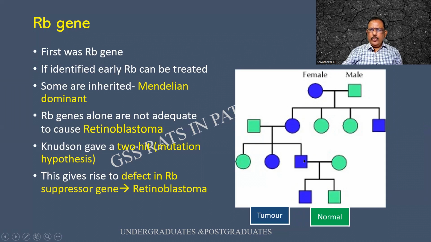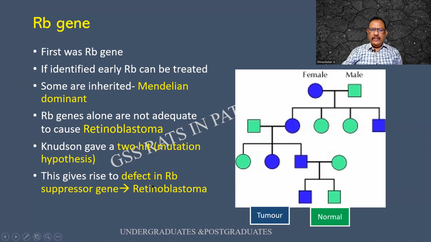So either it can be a direct inheritance, or a mutation can develop, which can result in a tumor. If that is not so, the individual continues to be normal. So it is the second hit that matters, which is Knudson's hypothesis.